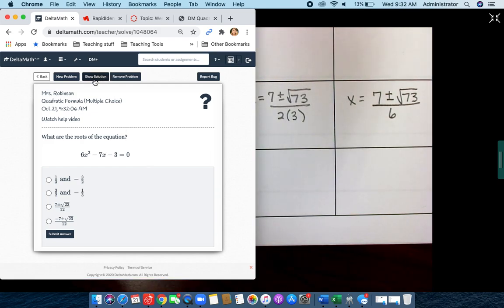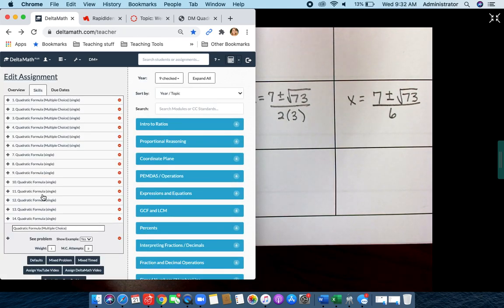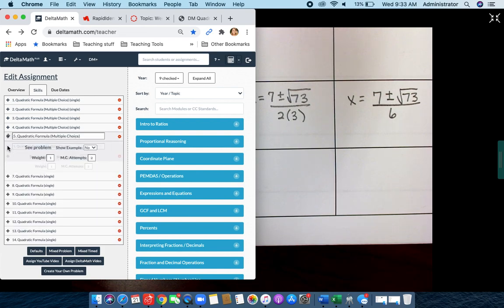Let me go back to, hold on. I'm going to go change the problem. I'm just going to assign this problem and make sure that is our number 5. So sorry about that, guys. Nothing will have to change on your worksheet. I'm just rearranging it so that this is the answer for number 5.